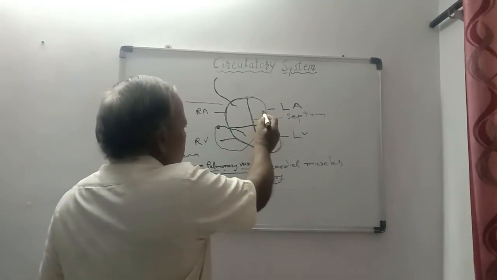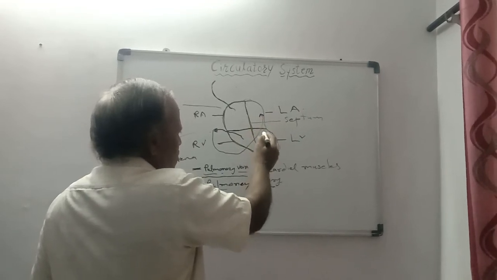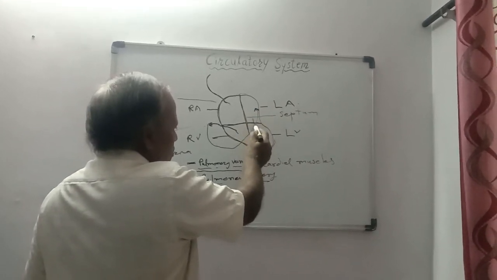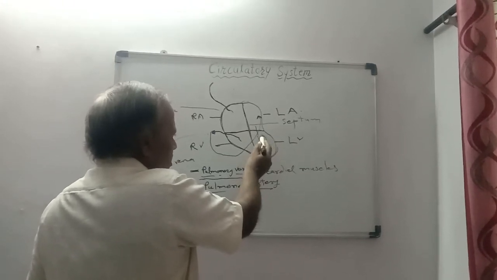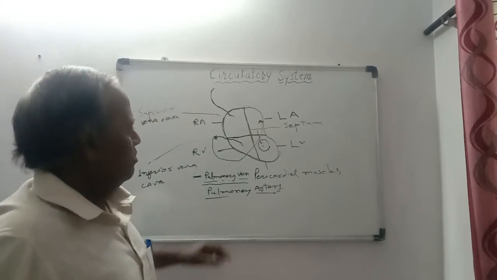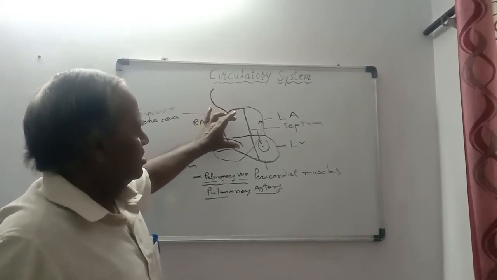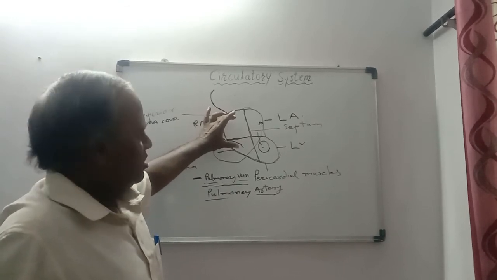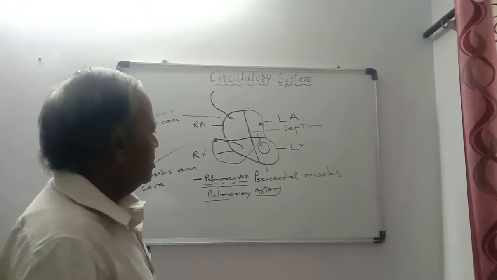Now when the left atrium contracts, this blood will come to the ventricle, and when the ventricle contracts as per the heartbeat, the heart beats 60 to 100 times per minute. Okay.